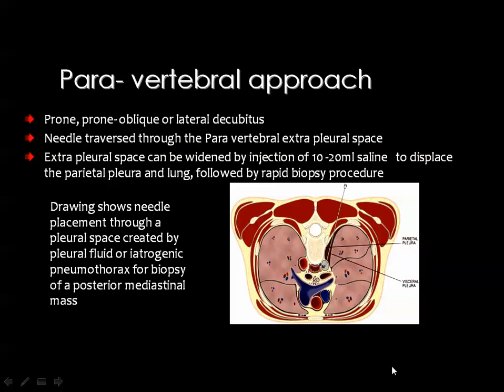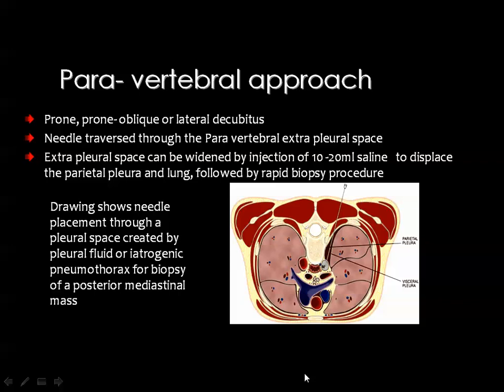And many of the interventional thoracic radiologists sometimes inject a little amount of saline into the pleural space to initiate a track for the needle to pass through in order to displace the lung away from the needle pathway.